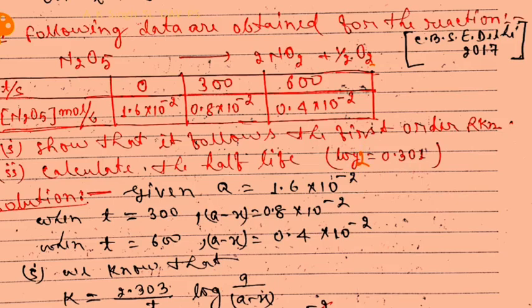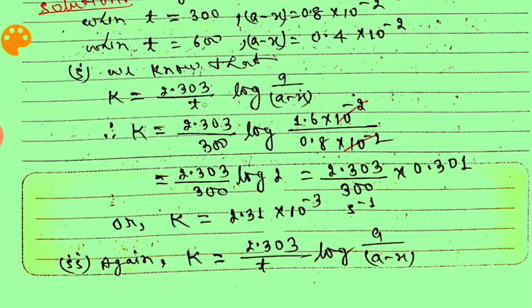0.301. Now, solution. a is equal to 1.6 into 10 to the power minus 2. If t is equal to 300, then a minus x is 0.8 into 10 to the power minus 2, and when t is equal to 600, then a minus x is equal to 0.4 into 10 to the power minus 2. Now we know that for first order reaction, K is equal to 2.303 by t log a by a minus x.